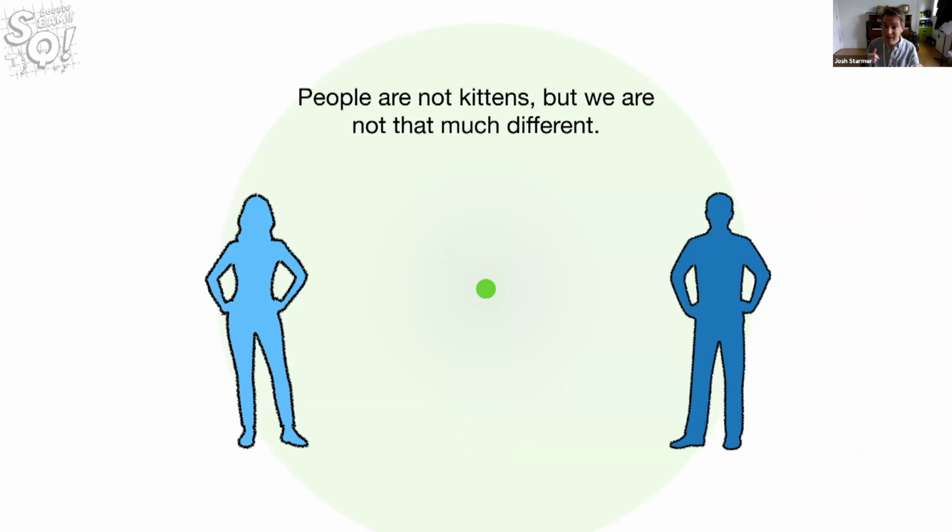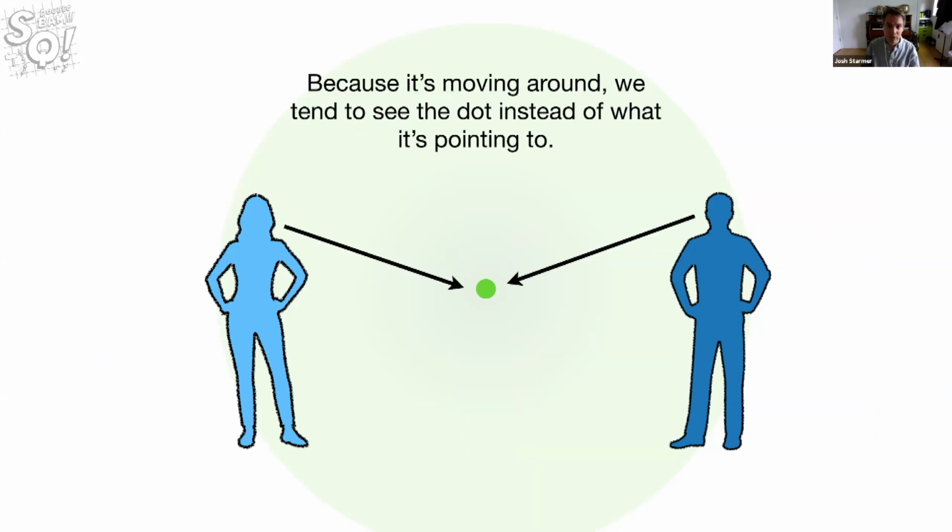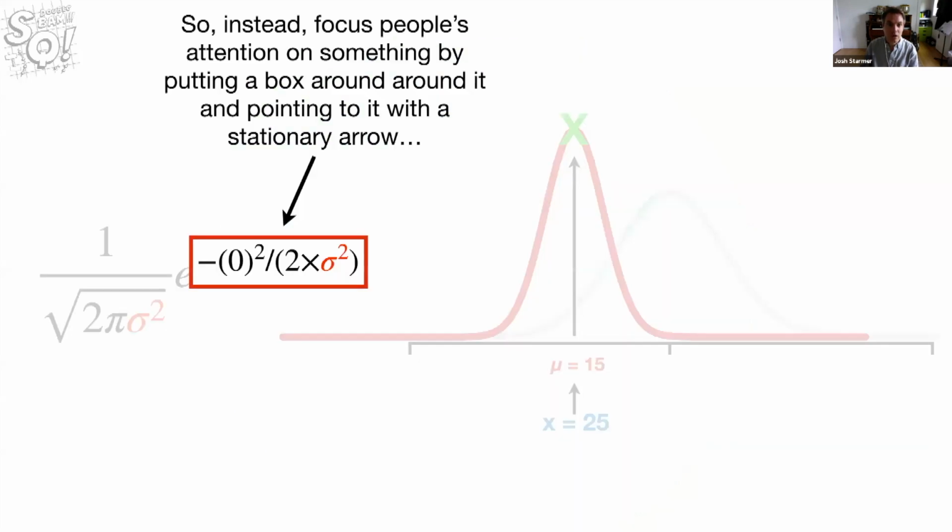People are not kittens, but we are not that much different. Because it's moving around, we tend to see the dot instead of what it's pointing to. So instead, focus people's attention by putting a box around it and pointing to it with a stationary arrow. Now we can all focus on this specific part of the equation that we're interested in talking about.